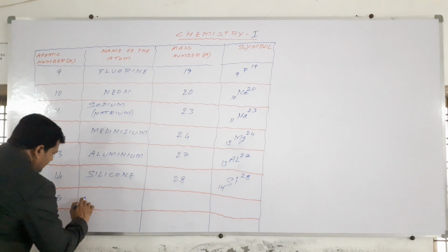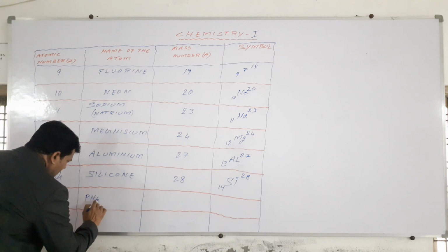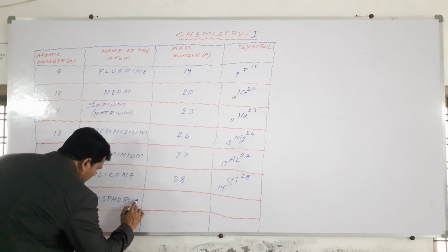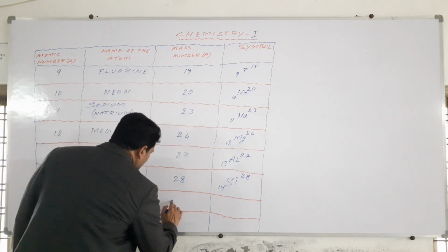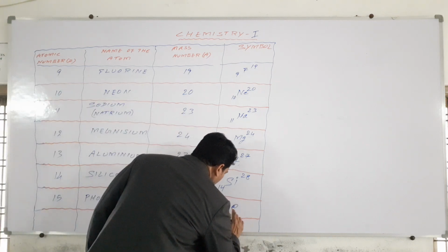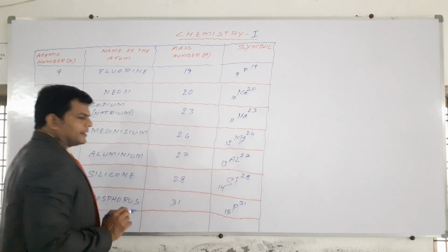Next 15, phosphorus. So 31. So phosphorus 15, 31.